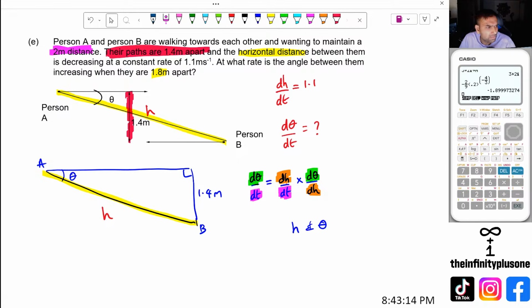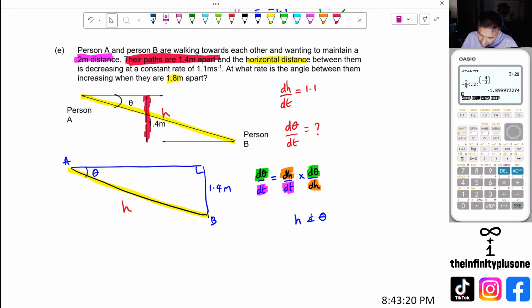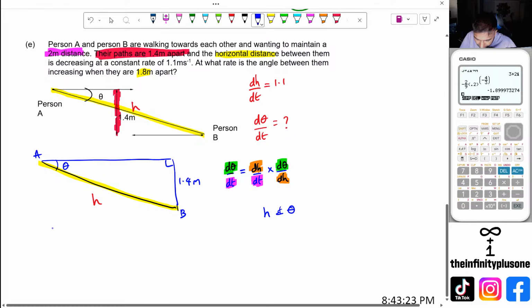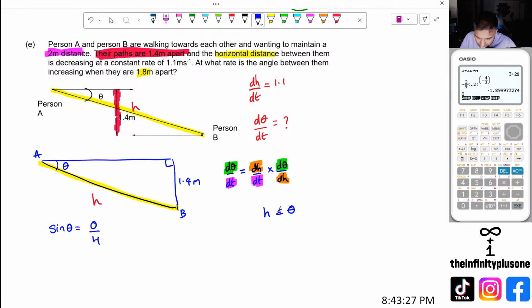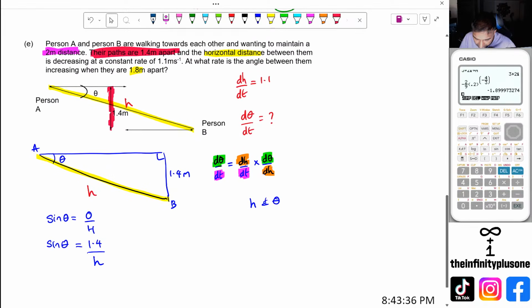Sine theta is opposite over hypotenuse. So sine theta is equal to opposite, which is 1.4, over hypotenuse, which is h. So I could rewrite this as h is equal to 1.4 over sine theta. So that's how you connect h and theta.